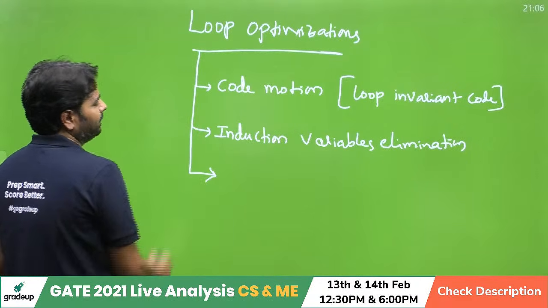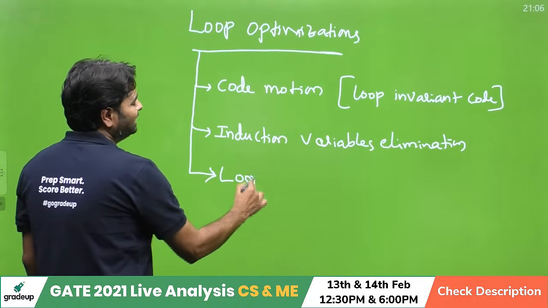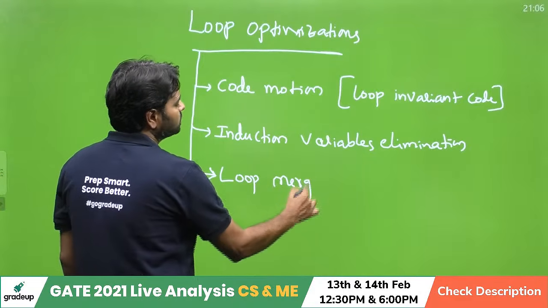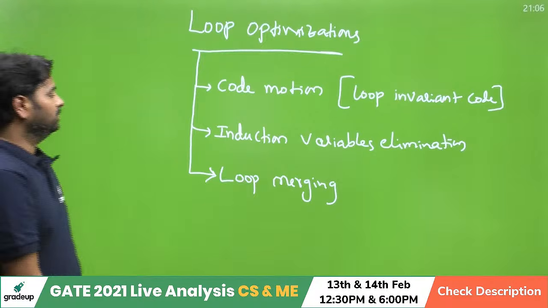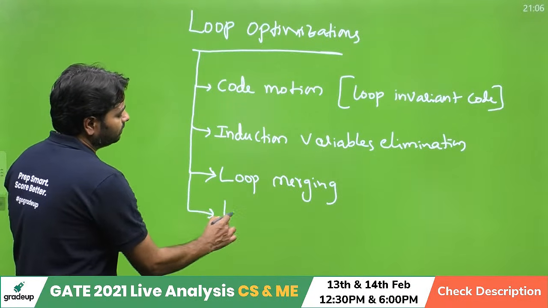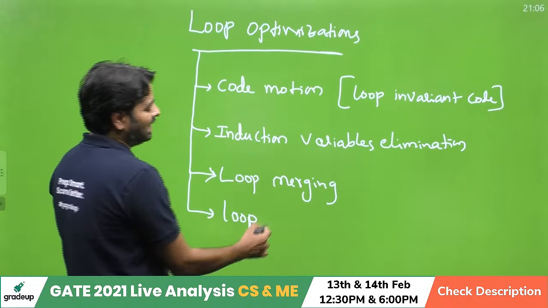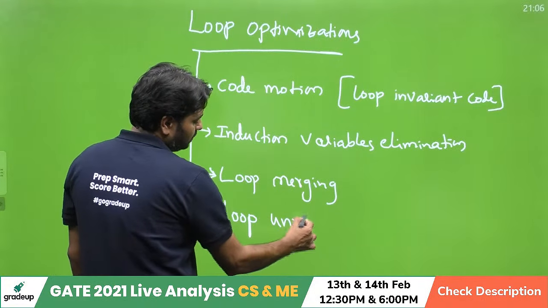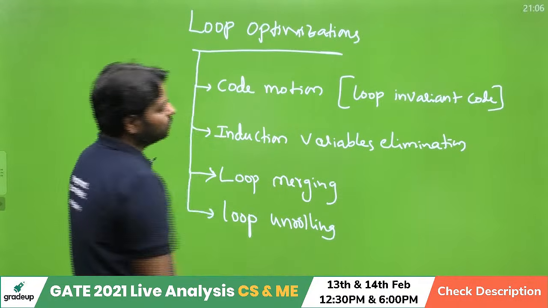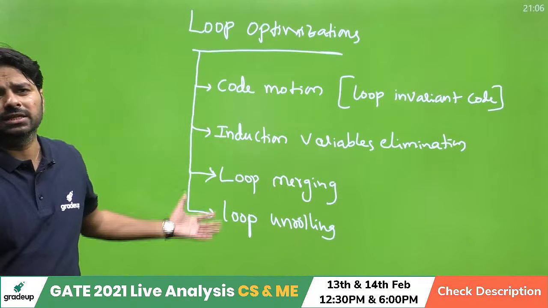And loop merging, you can merge 2 loops. And loop unrolling, you can save the time of execution. These are the things you might require to learn for the basic things.